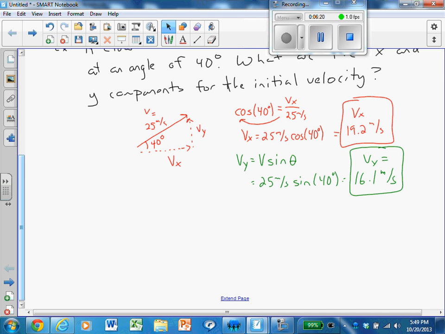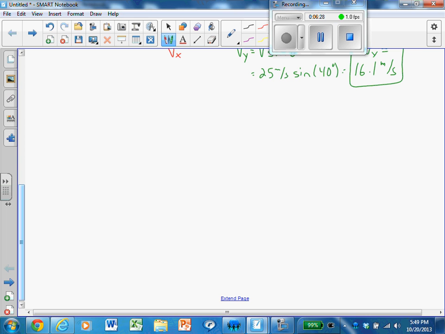Another way vectors come in is when you're calculating the overall speed at a certain time during flight. So, for example, a baseball returns to the ground traveling forward at 30 meters per second.